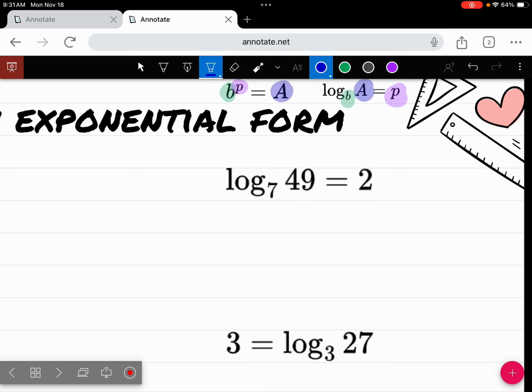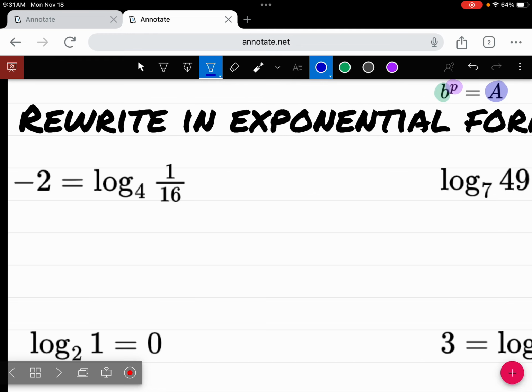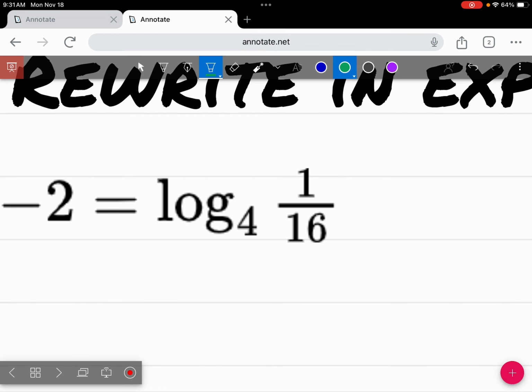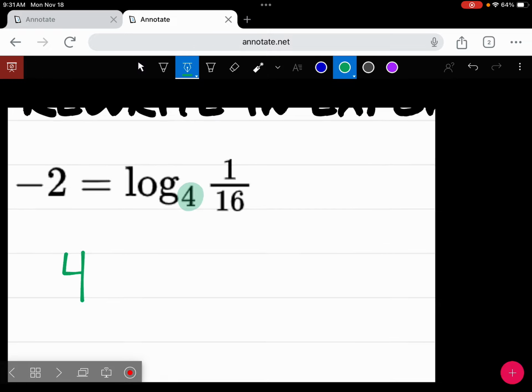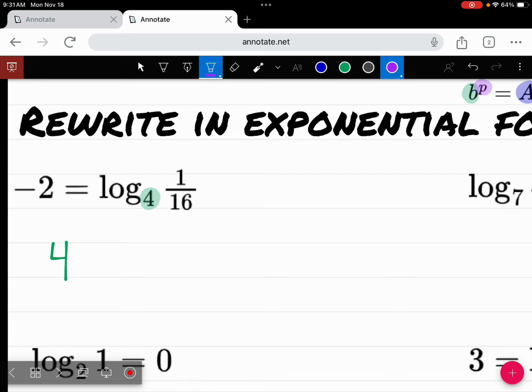And what's the argument? So we can move it around. So on this first one, what is our base? On this guy, 4. Our base is 4. So when we switch this around, we're going to have 4 at the bottom. What is the power? What is the p? -2.